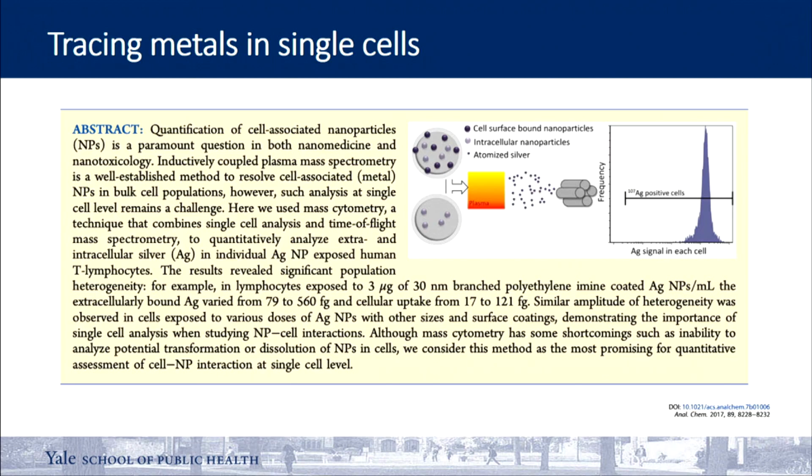We don't know the mechanism by which the metals express their toxicity in any of those birth outcomes in terms of mechanistic studies. So here, this paper is using essentially mass cytometry, with which you can monitor nanoparticles and find the silver in these particular cells.